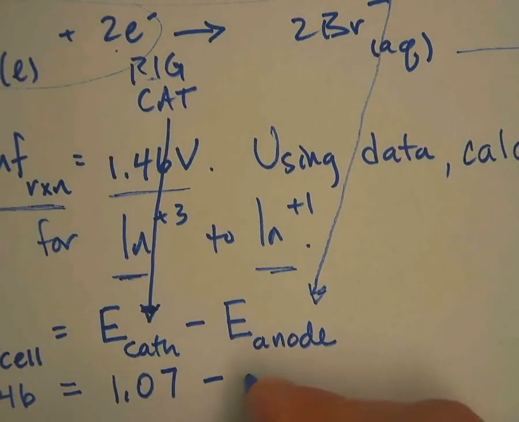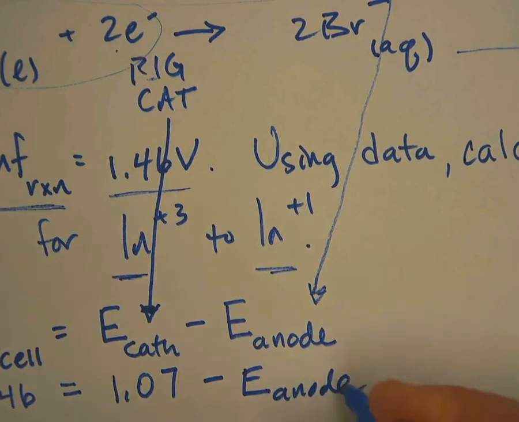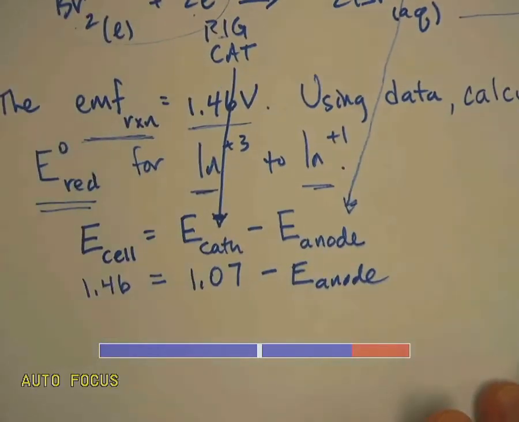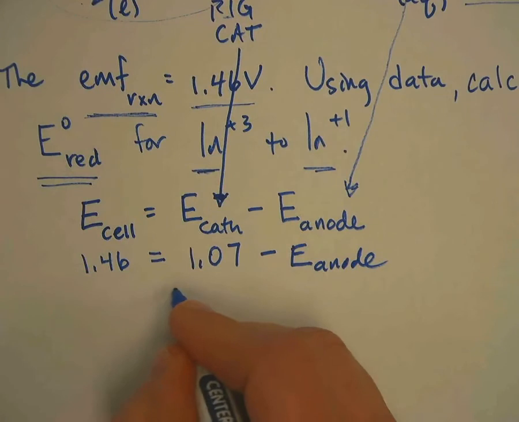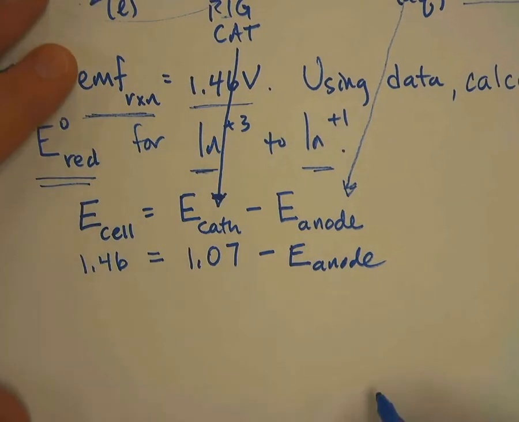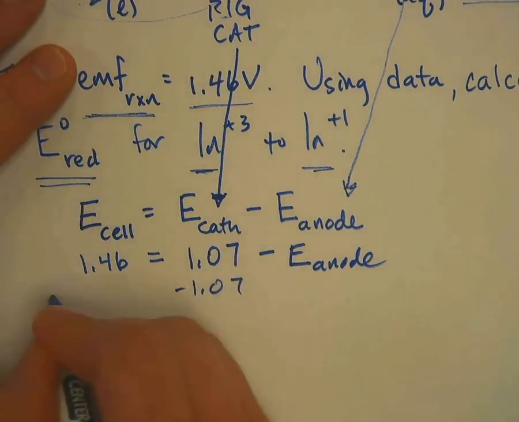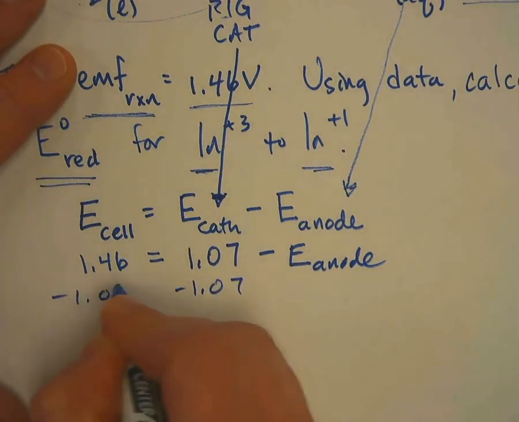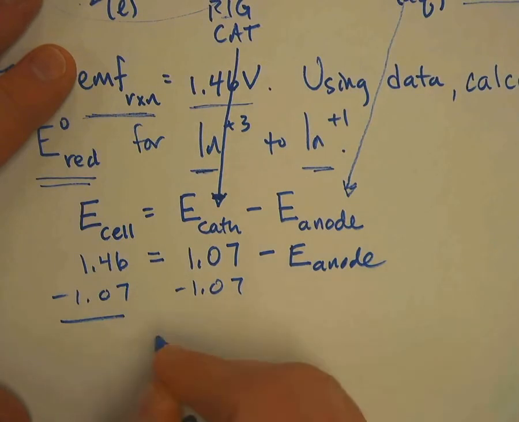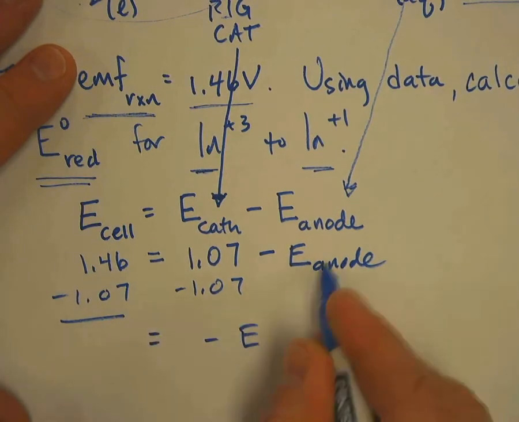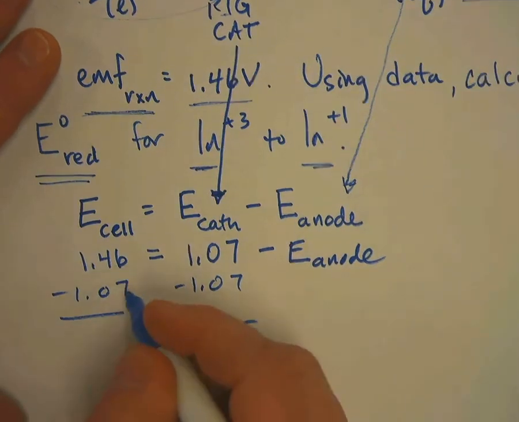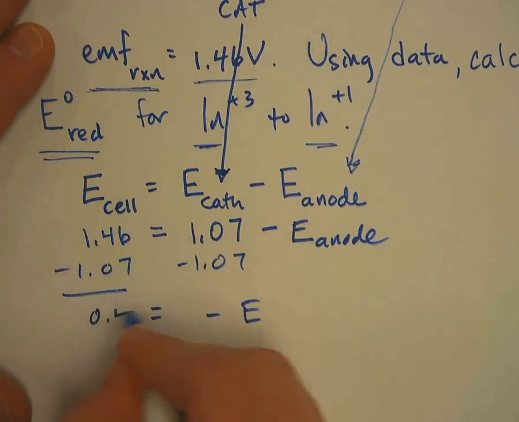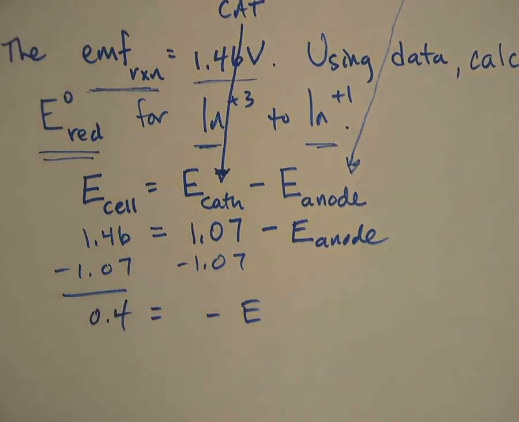1.07 minus E of the anode right here. That's the thing we're looking for. Zoom out on this a little bit, and then it's just a little bit of algebra. I'm going to subtract 1.07 from both sides. And then remember, I've still got my minus sign right here. And when I subtract these two, this is approximately, I'm just going to approximate, it's about 0.4.